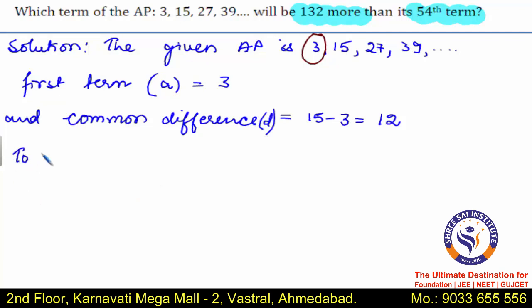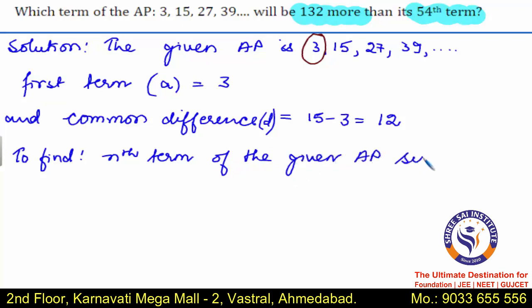We have to find the nth term of the given AP such that the nth term is equal to the 54th term plus 132.